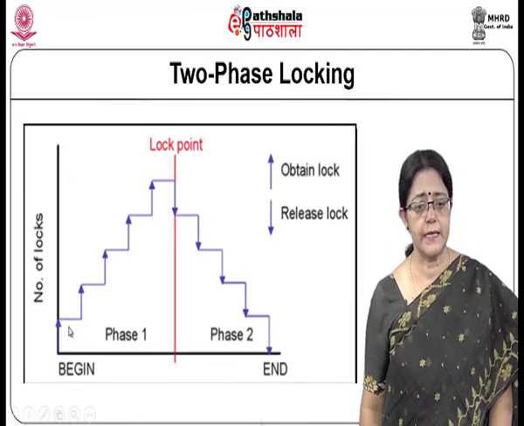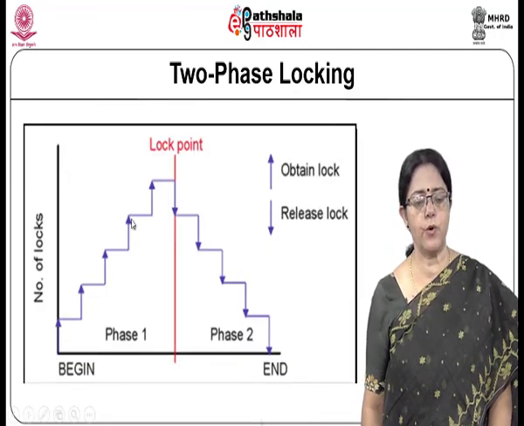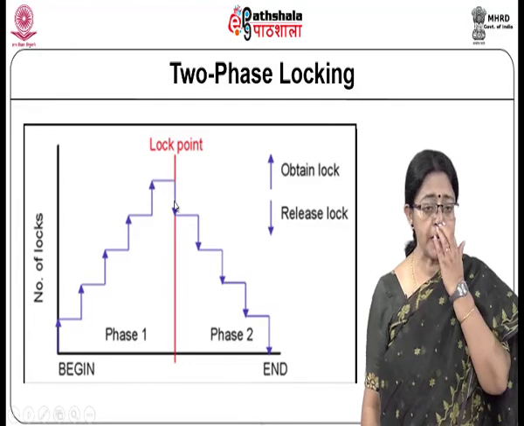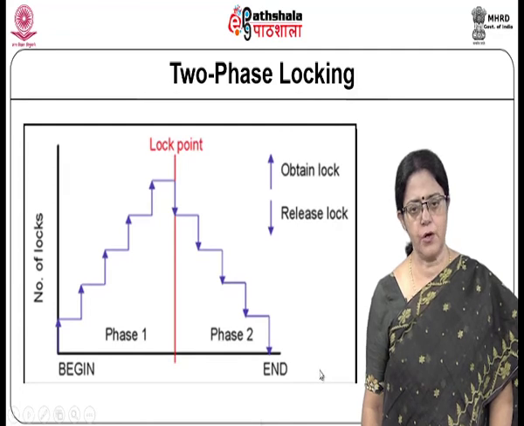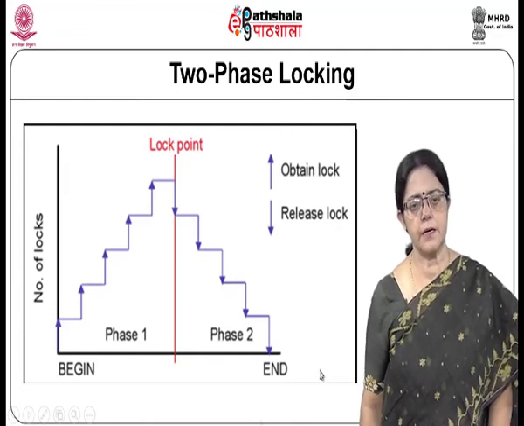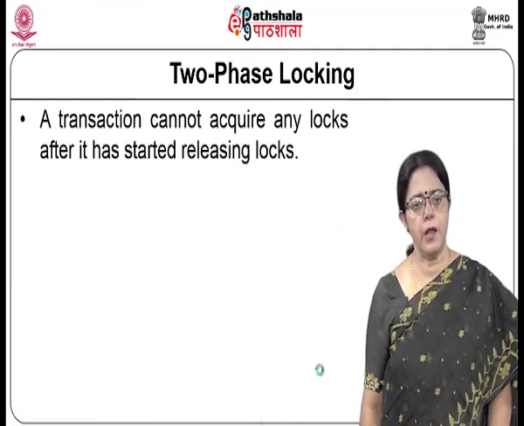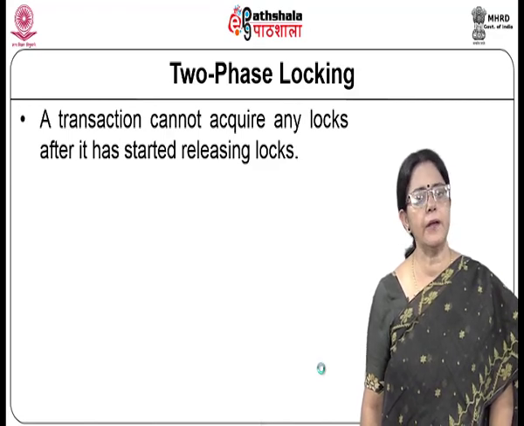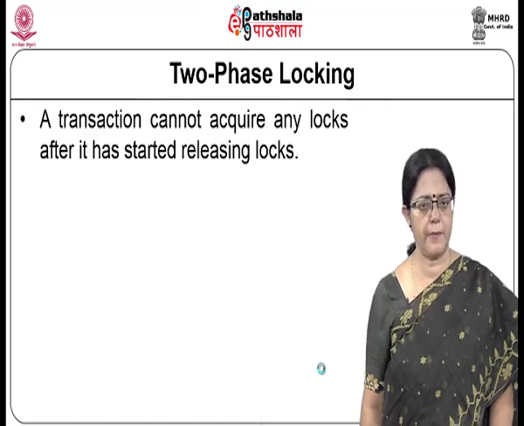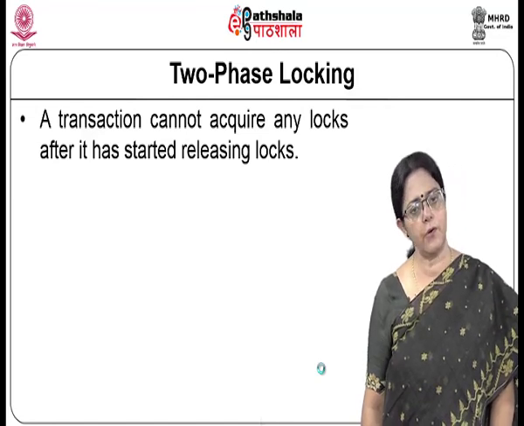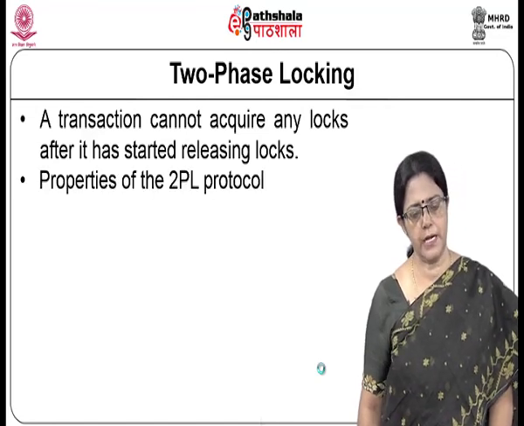So, this is an example where it is growing, acquiring all the locks, and then a lock point comes, and then it has to release all the locks. So, this is the two-phase locking protocol. A transaction cannot acquire a lock once it has started releasing. So, all acquiring will happen in one phase and all releasing will happen in the other phase.